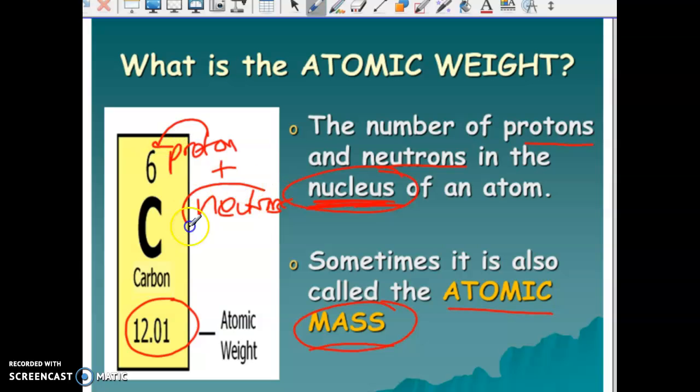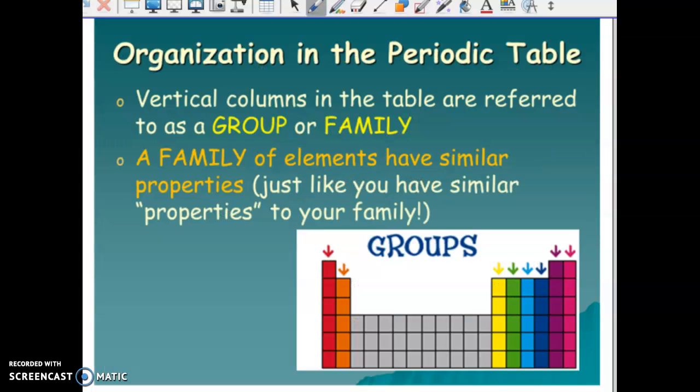Protons is 6, and then of course this would be plus the neutrons. So there are 6 protons, so there must be 6 neutrons to add up to 12. But don't worry about that. I just want you to realize that that is the atomic mass, and that's the weight of the atom. We'll look at protons and neutrons later on when we look at the atom structure.